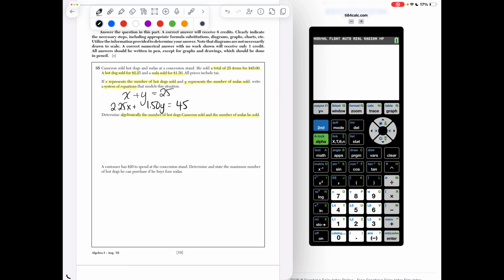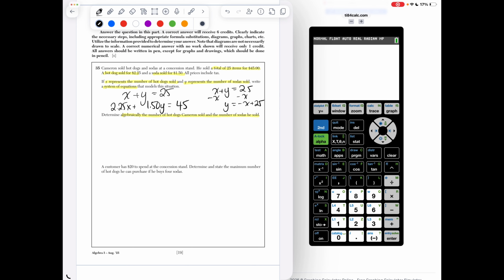I actually want to change the Y. So X plus Y is equal to 25. So I'm going to subtract the X over here. Let's move that one over, and then we'll subtract it here. So Y is equal to negative X plus 25.